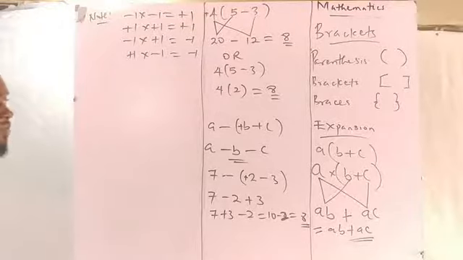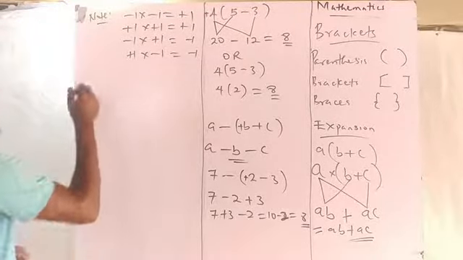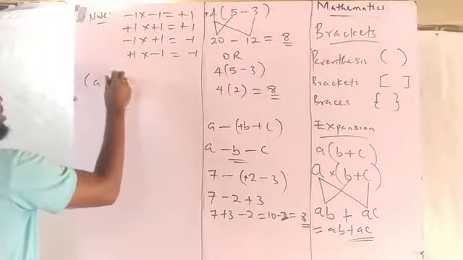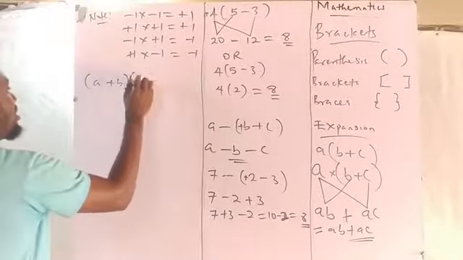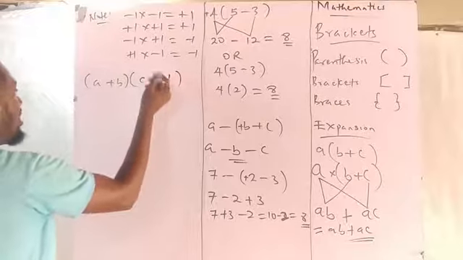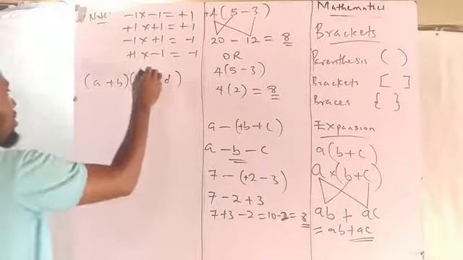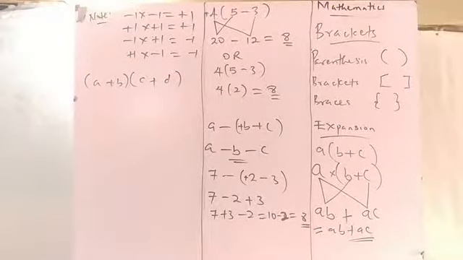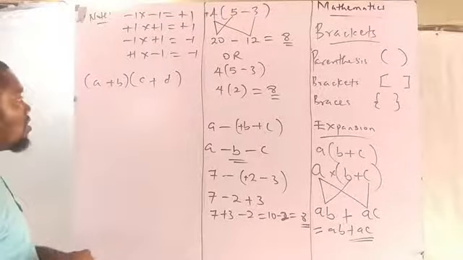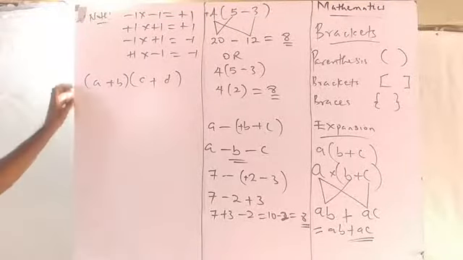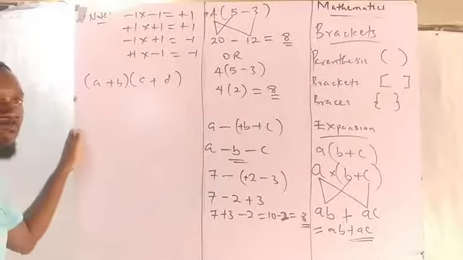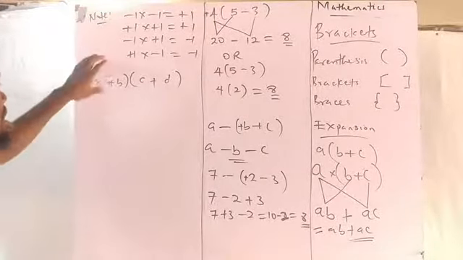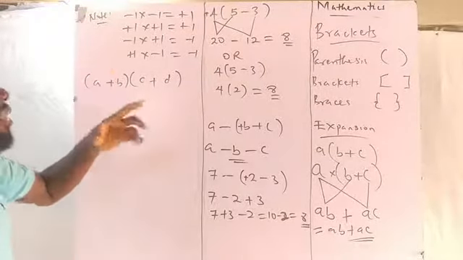Let us consider two brackets. (A plus B) into (C plus D), for example. Now in this case, one of the brackets will become your multiplier and the other will become your multiplicand.